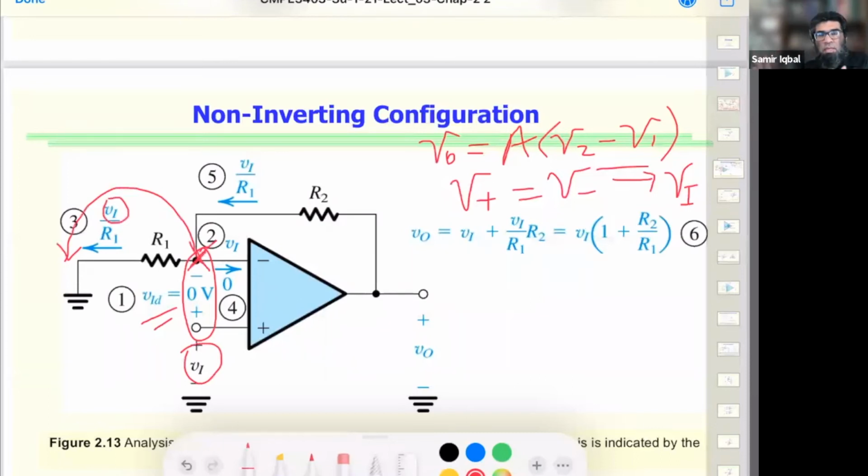So number one was the difference is zero, which means they are virtually shorted. They have the same voltage. Now we have to look at the current that's flowing through R1, which can be taken as due to the same voltage that's applied on the non-inverting input. So hence, the current I1 is this guy, which is V1 over R1.